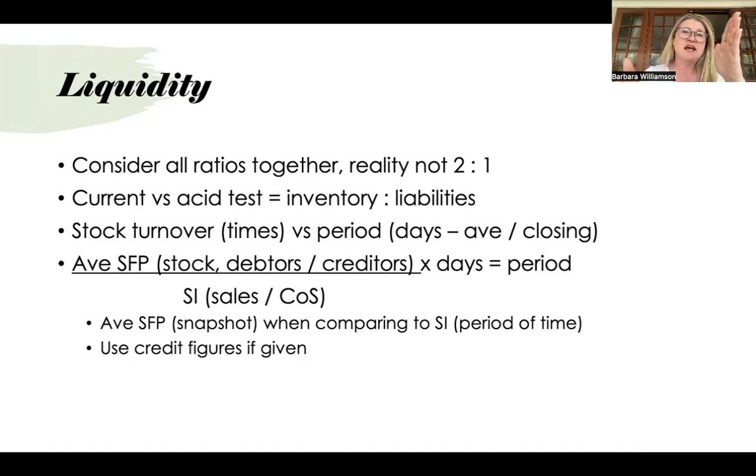So what we do is we take the figure at the beginning of the year and at the end of the year, and we average them so that it's a better comparison to the statement of income. So any time that you are comparing figures from both financial statements, then you will average the statement of financial position figure.